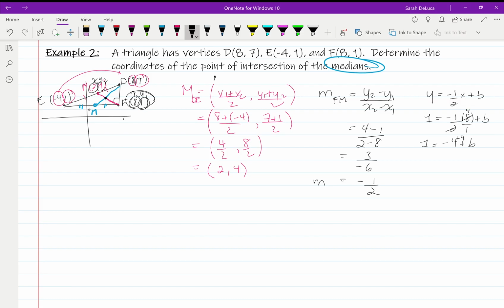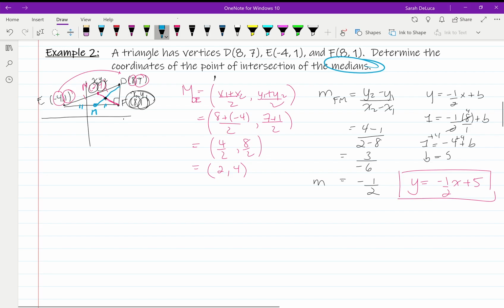Then I add 4 to both sides, so b is 1 plus 4, which is 5. So there's the equation of my first median line: y equals -1/2 x plus 5. Now I have to do the same thing for the other one.